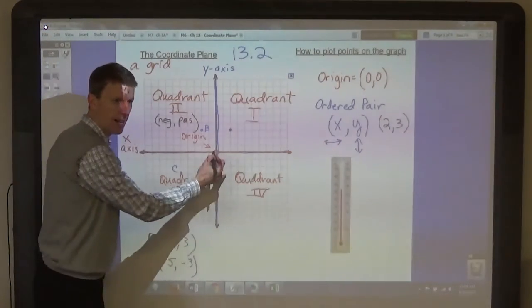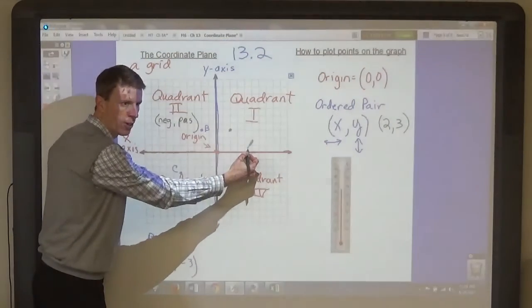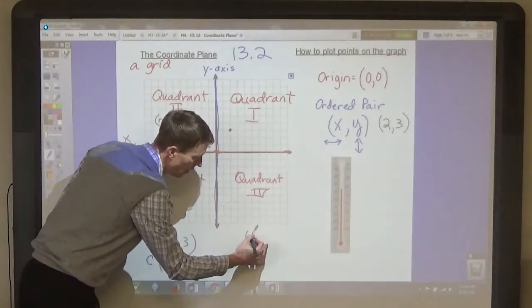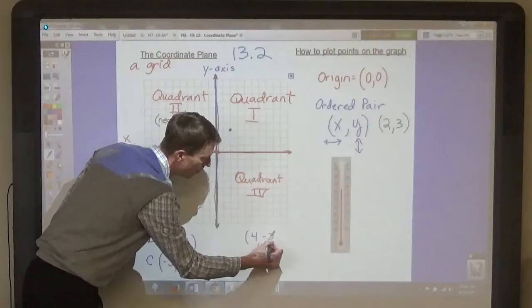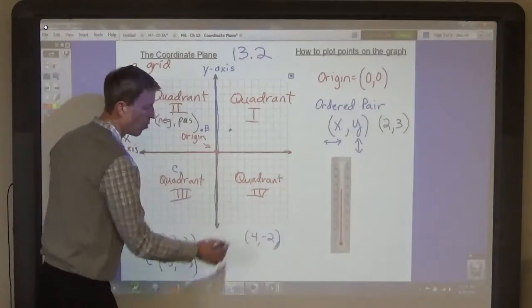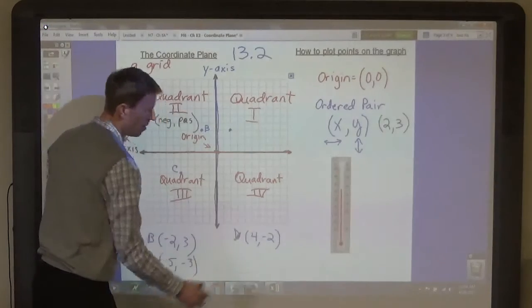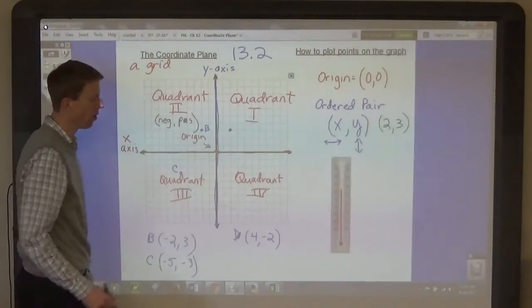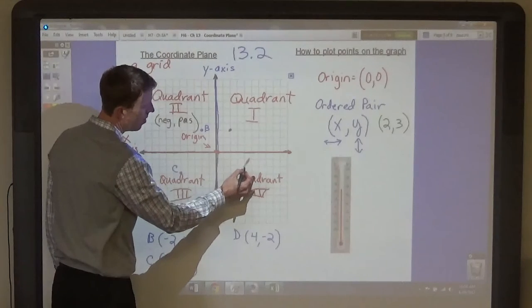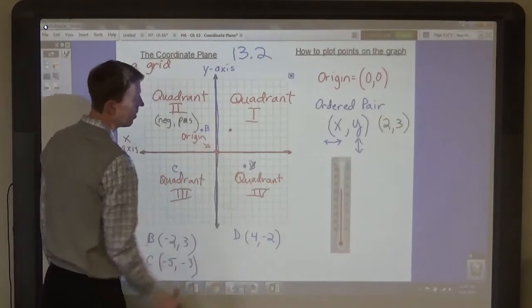Correct. X would be positive. We go to the right first, and Y would be negative. So 4, negative 2, for example, is an ordered pair. That would get us into quadrant 4. 1, 2, 3, 4 to the right, and then down 2, label that point D.